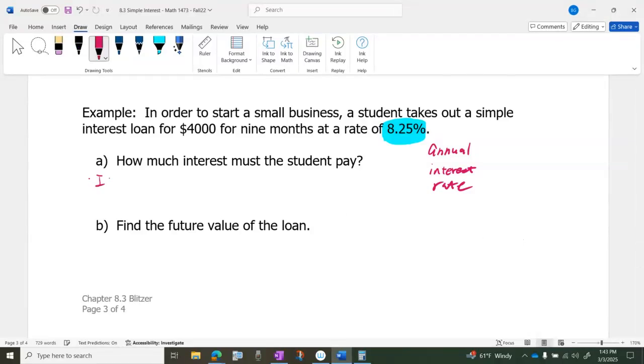Okay, how much is the interest? Let's use a formula. You can choose to use a formula. What is P? Principal. The student borrowed a loan of 4,000. Annual interest rate 8.25%, right? T. Can anybody tell me what's the value of T here?